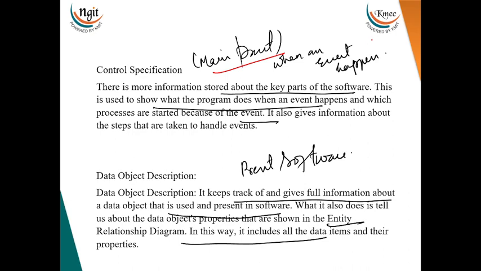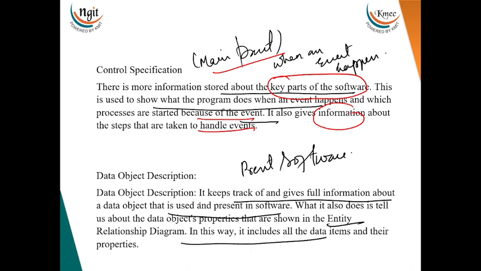When an event happens, more information is stored about the key part of the software. It is used to show what the process does when an event happens and which process starts because of that event. It also gives information about the steps taken to handle that event. When an error occurs, what exception handlers work on it and what steps you have taken.